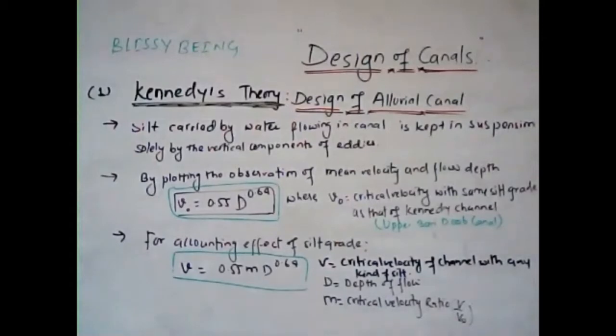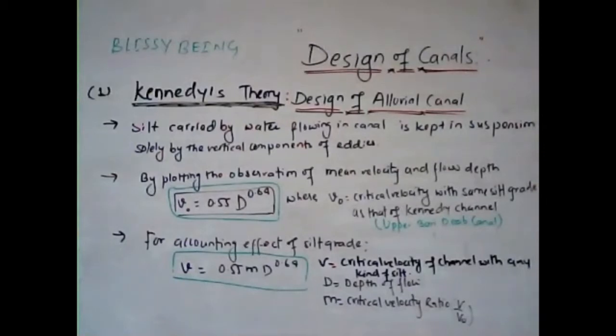So the critical velocity V naught can be given by the formula V naught equals 0.55 d to the power 0.64, where V naught is the critical velocity with same silt grade as that of Kennedy's channel. Kennedy performed his experiment in the silt grade of Upper Bari Doab Canal that is located in Pakistan.